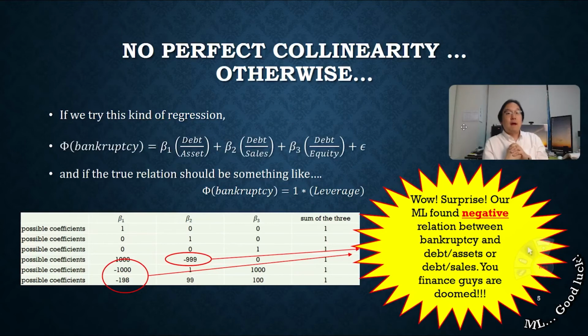If the true relationship, I'm not saying the true relationship has to be like this, but let's say the probability of bankruptcy should be 1 times the leverage, whatever leverage that you have in your variables, right? Then what will happen as long as you throw in all 3 variables like this?